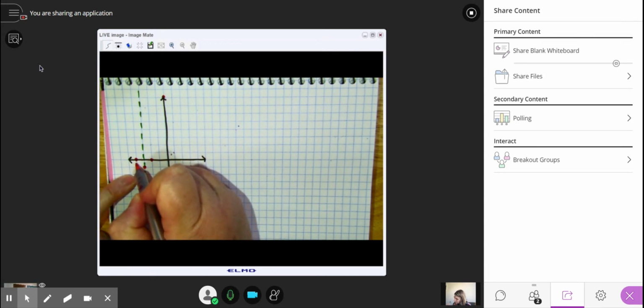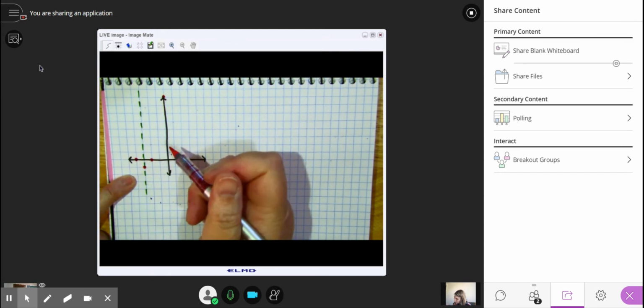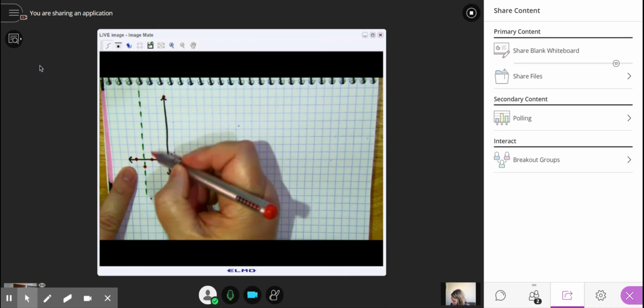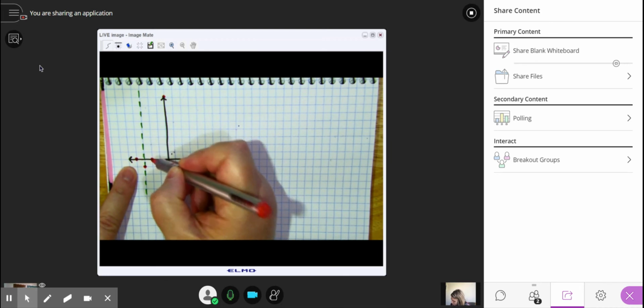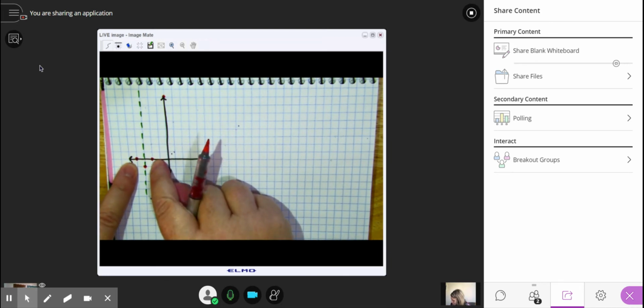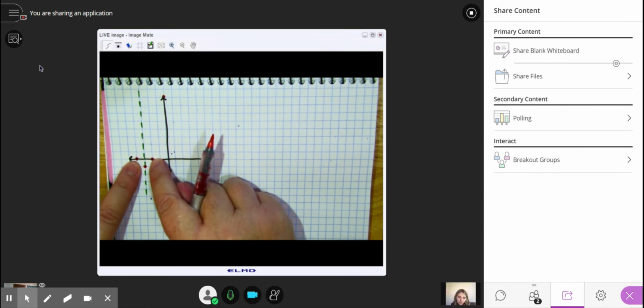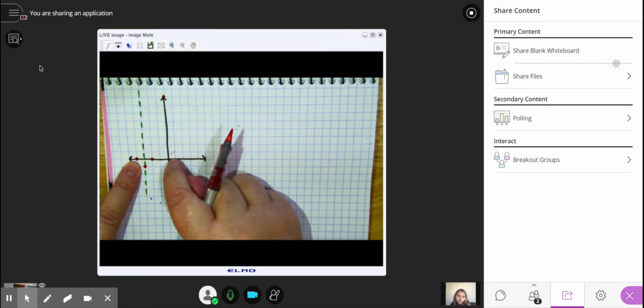Negative 4, 0 was one. Negative 2, 0 was the other. Do you see how when you plot those two points, there's symmetry there? Our y-intercept was at 0, 8.